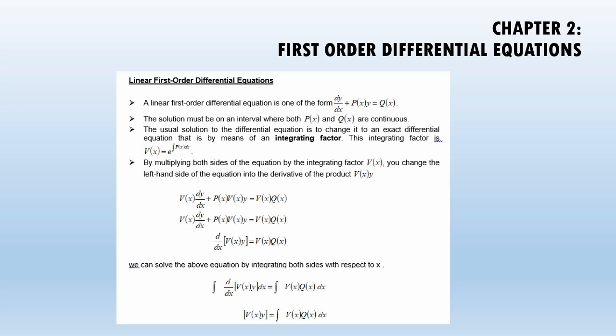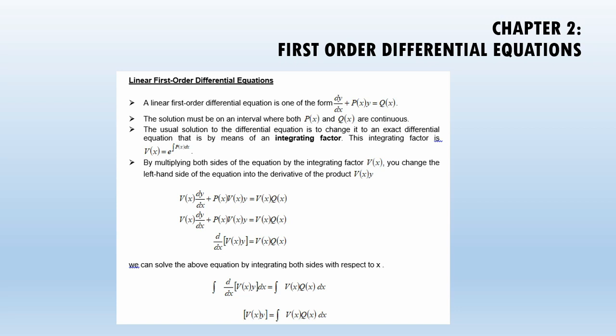This integrating factor is denoted by v of x and is given by the formula e power of integrations of p of x dx. By multiplying both sides of the equation by the integrating factor v of x, you change the left-hand side of the equation into the derivative of the product v of x times y.